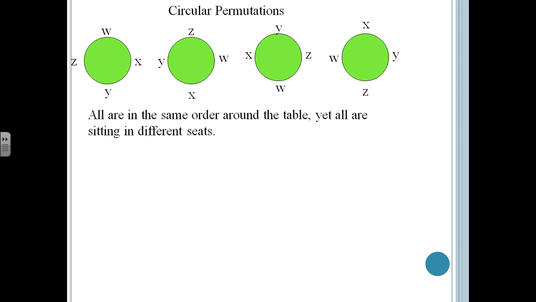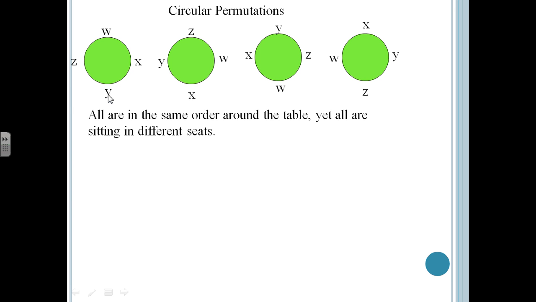So what if you needed to rearrange people, say, sitting around a table, a round table, or anything that's circular, and you want to look at how many different ways you can do that. So what I have here with these green tables, it looks like these are all different permutations, but when you look at it more closely, you can see that each person is sitting next to the exact same person in each one of these permutations.